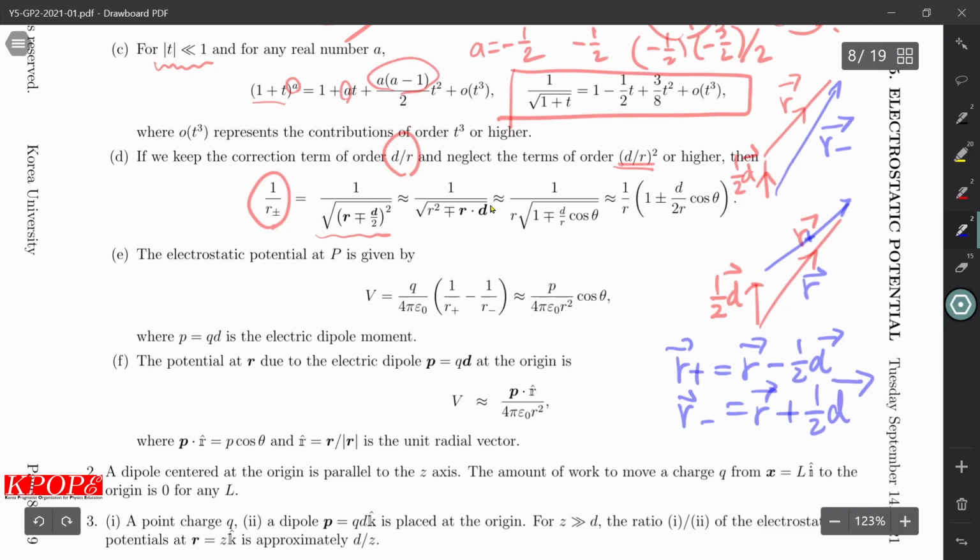Therefore, r plus minus equals r minus plus. Okay?